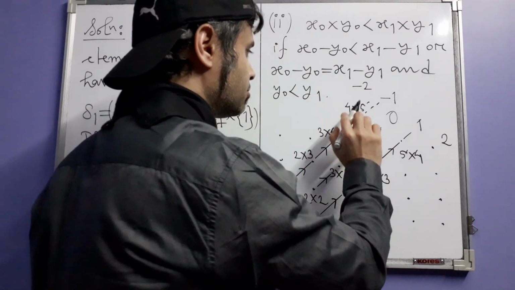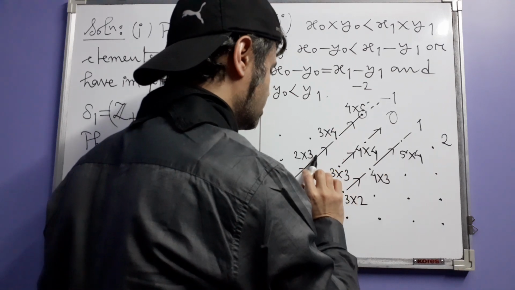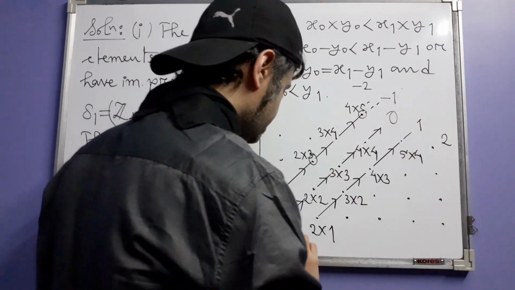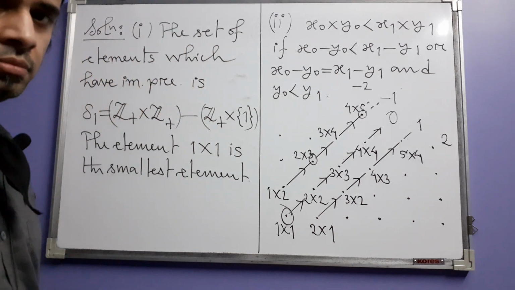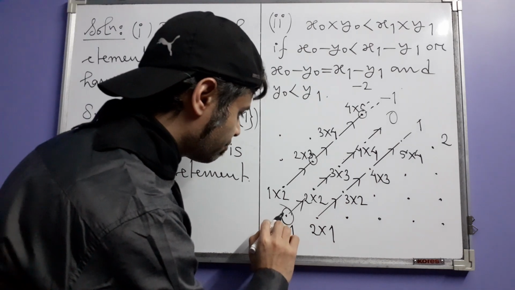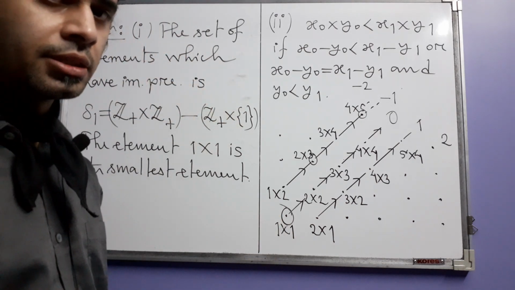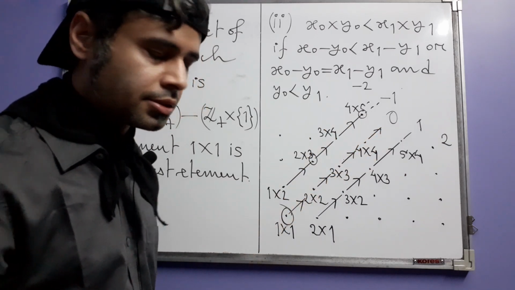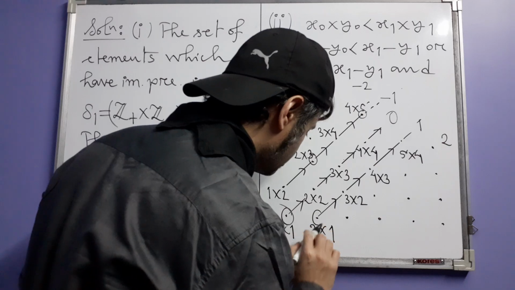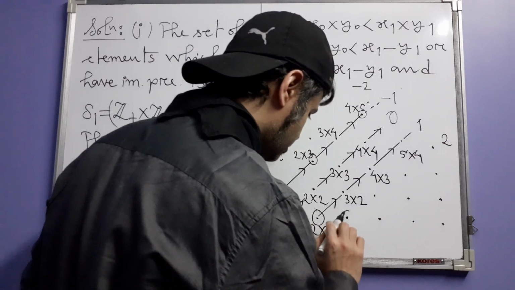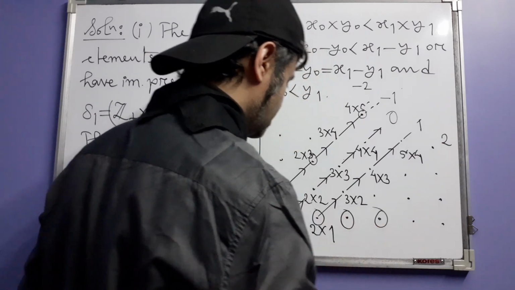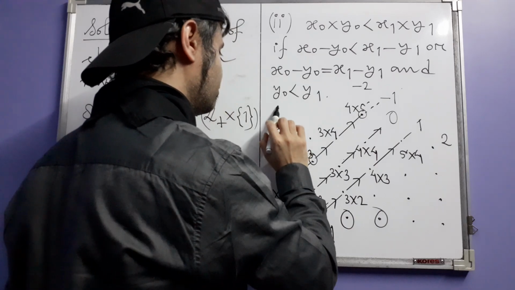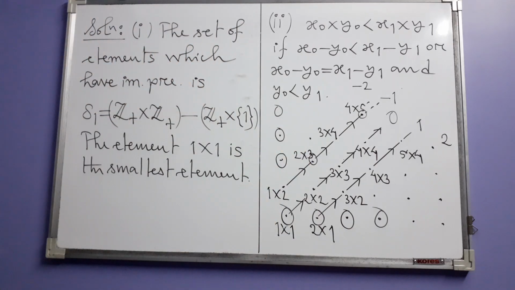Any point you choose here, whether this or this, there is a higher point which still is less than this. So this fails to have an immediate predecessor. The other points on this line do have immediate predecessors. Similarly, this one also does not have, this one doesn't have, and similarly these points also don't have immediate predecessors.